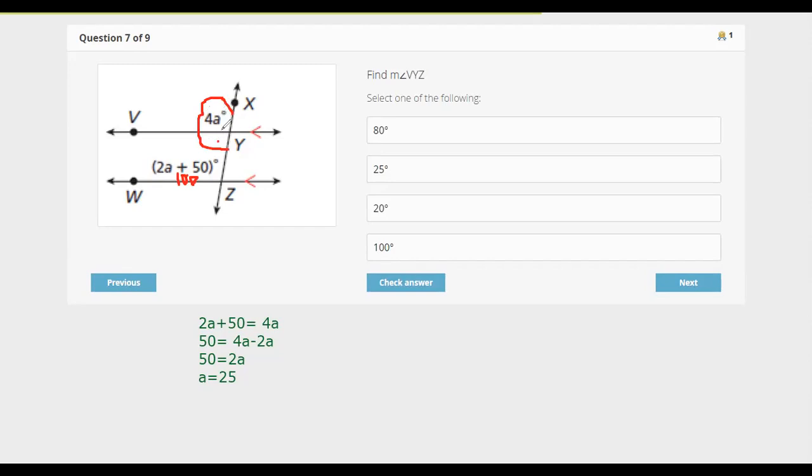Yes, they are adjacent angles lying on the same line, two adjacent angles formed by a straight line and a ray, so their sum equals 180. Instead of substituting in this one, I choose the second way: 4 times 25 equals 100, then 180 minus 100 equals 80, right? So this is the first option.